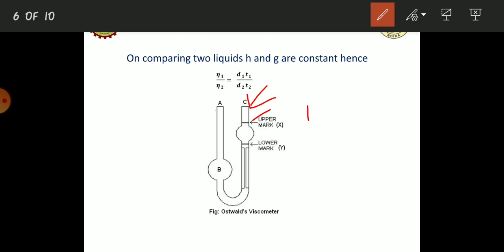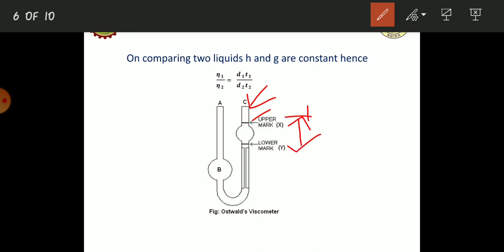Now allow the liquid to fall freely through the capillary up to the mark X and start the stopwatch, and note down the time T1 for the flow of liquid from X to Y, from here to here.